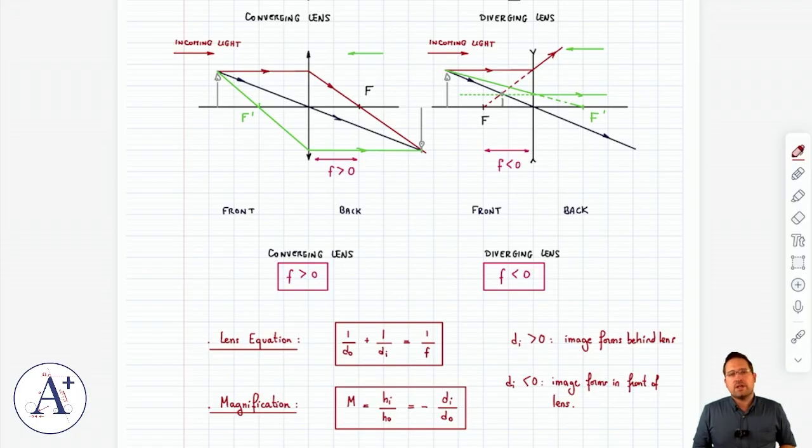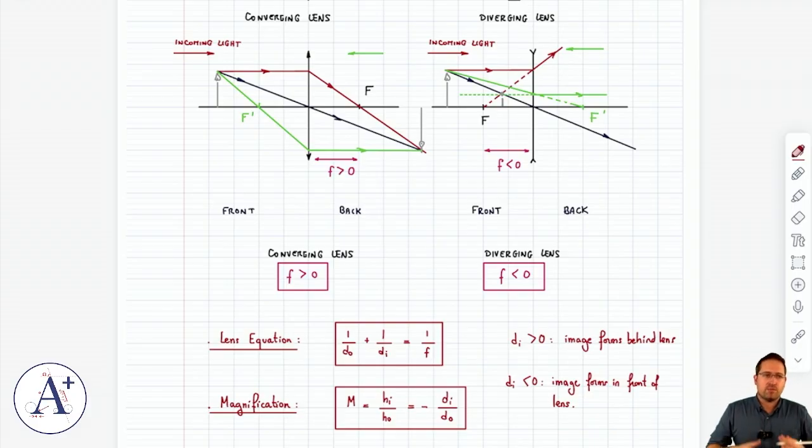Maybe there's a lens and then a mirror, or maybe there's two lenses, one after the other. In that case, what do you do? But it's going to rely on you knowing how to do ray tracing and knowing how to find image distance using the mirror equation or the lens equation and throwing magnification in there if need be.